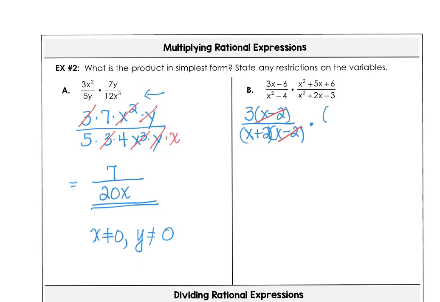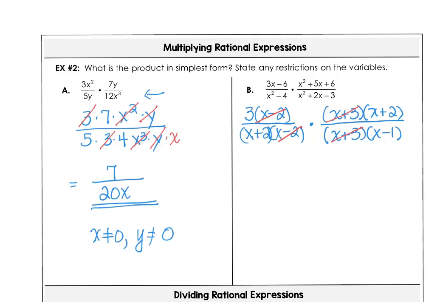And then the second fraction has x plus 3 times x plus 2 for the factored numerator. And then x plus 3 times x minus 1 for the denominator. We're going to remove that common factor, the x plus 3 terms.